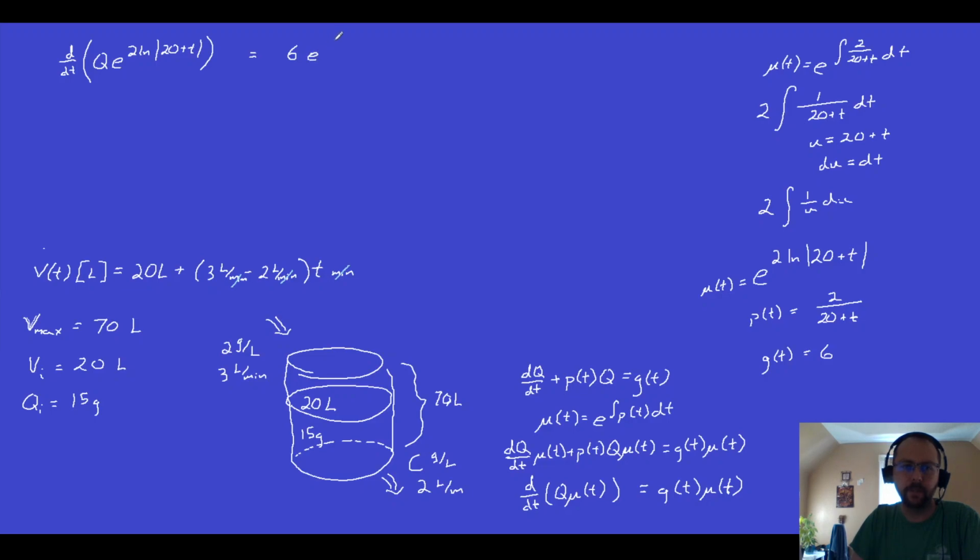Oops. I should have actually simplified that first. I'll just do it in the next step. This simplifies to 20 plus t.